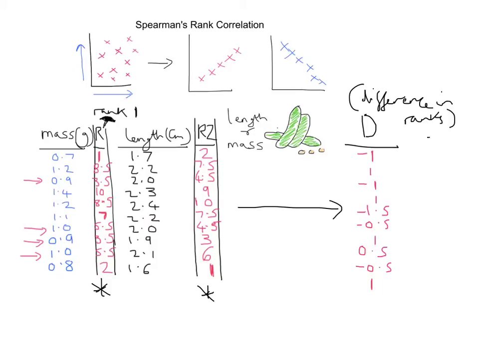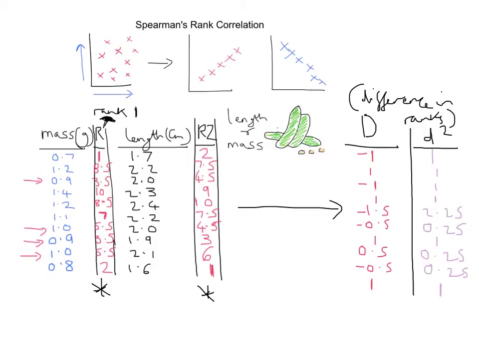Now what we want is D squared. We're going to square each of these values. So those values of D that we got between the difference of rank, we're going to square them all and we'll get rid of those negative numbers. So we'll end up with 1, 1, 1, another 1 there, 2.25, 0.25, 1, 0.25, another 0.25, and a value of 1.